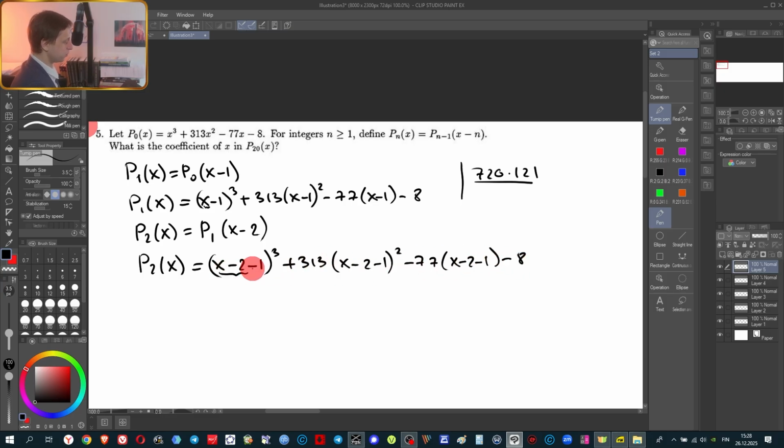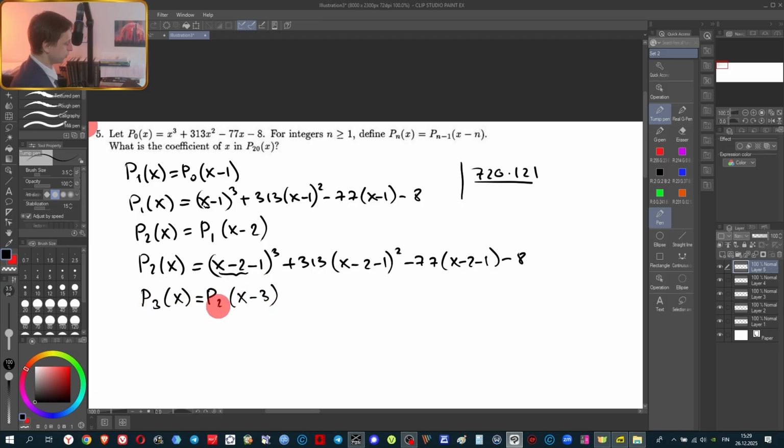And once again, before you expand, it makes a lot of sense to look at what will happen next, because sometimes you will do a very bad job if you try to simplify everything before you understand the complete process. So let's go to the next step. P3 of x equals P2 of x minus 3.